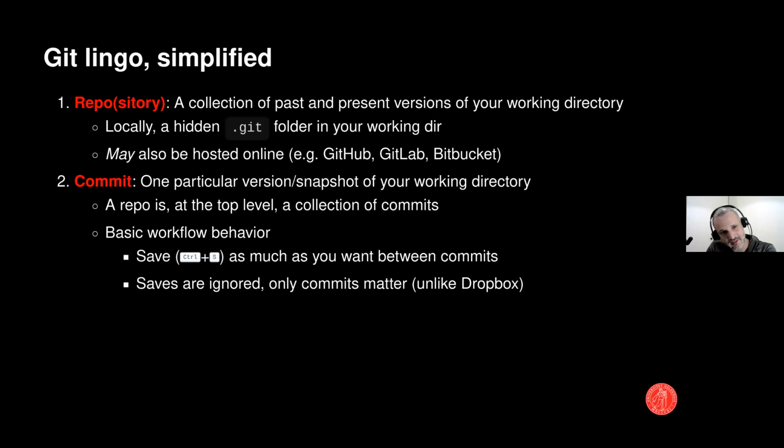Number two is the commit. That's a particular version or a snapshot of your working directory. You can think of a repository as a collection of commits. Your basic workflow would be to work on your files, then you save and press Control S as much as you want.